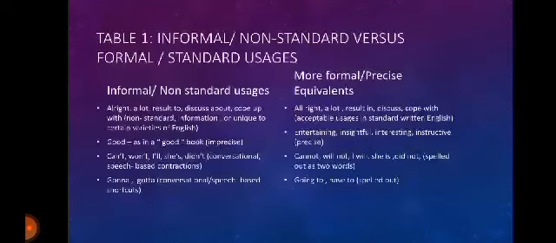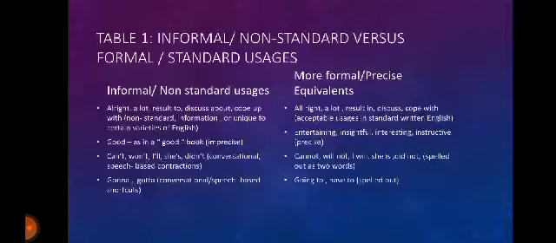Table 1. Informal or non-standard versus formal and standard usage. Informal or non-standard usage: alright, a lot, result to, discuss about, cough up, with non-standard information or unique to certain varieties of English. Good, as in good book, and precise.